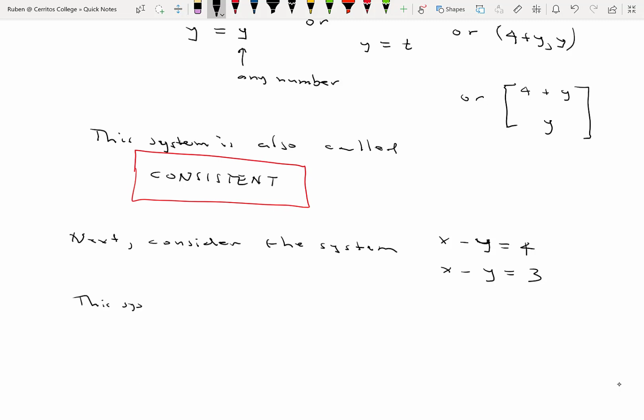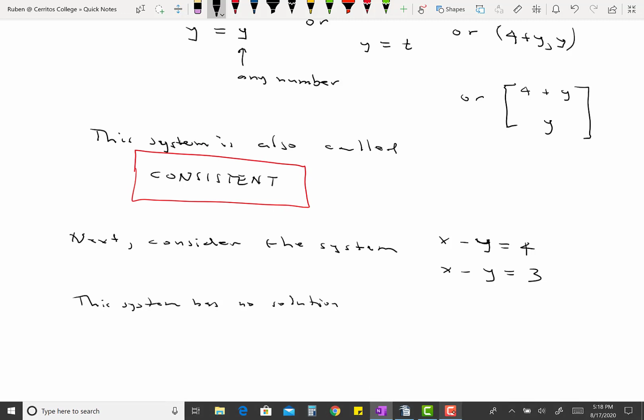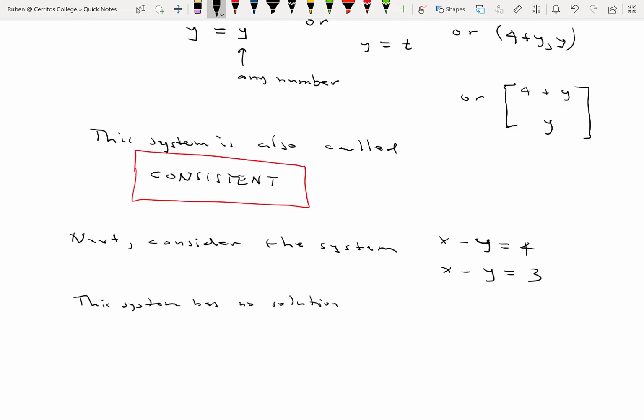This system has no solution. And the system is called inconsistent.